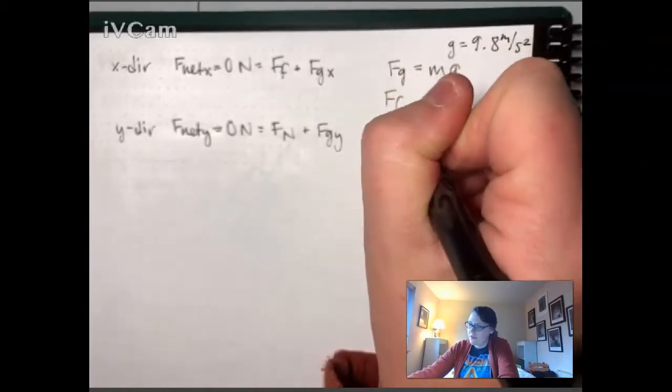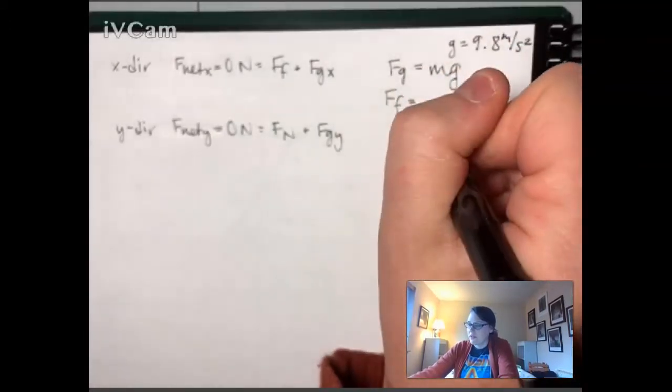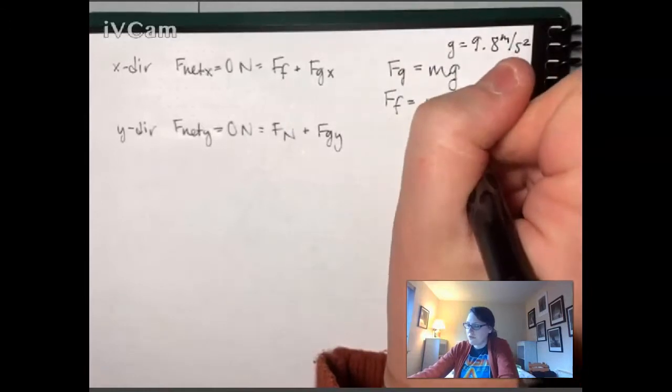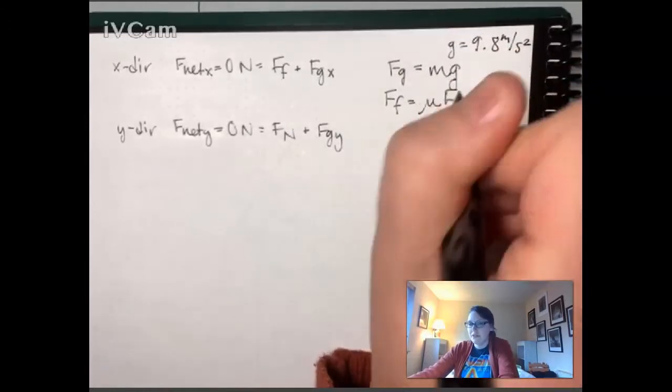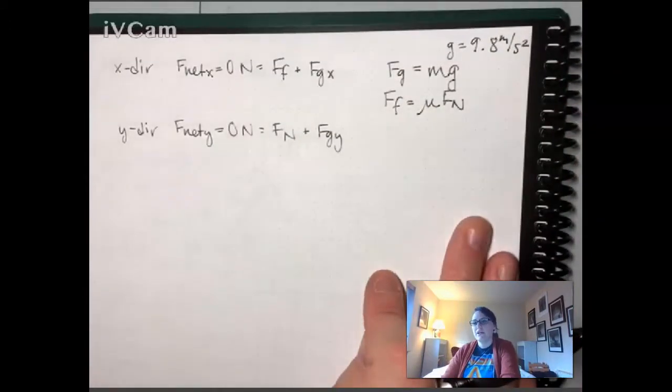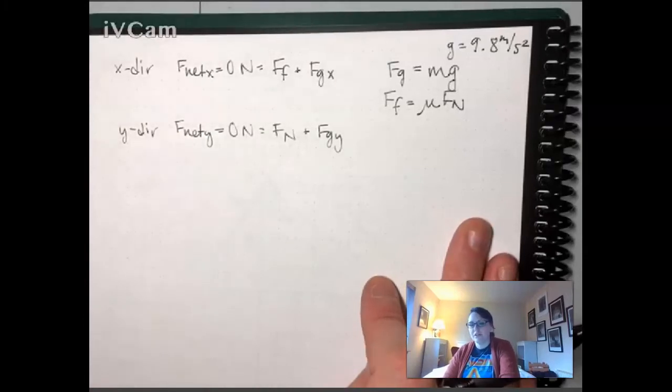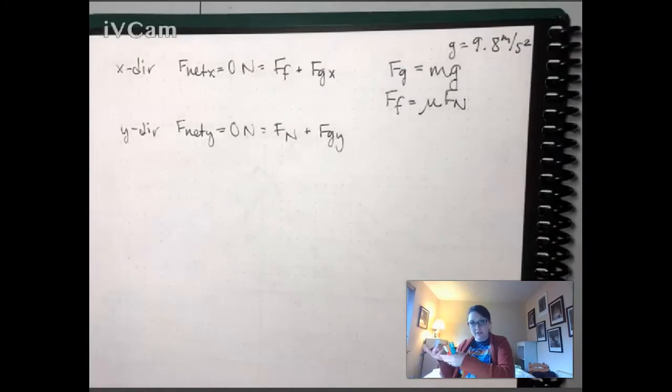We also know this equation. The force of friction is proportional to the normal force. When you tilt a surface, it changes how much that object is pressing into the surface. You've experienced this. If you've ever dragged something across the floor, it becomes easier to move if you lift it a little bit as you push or pull it.